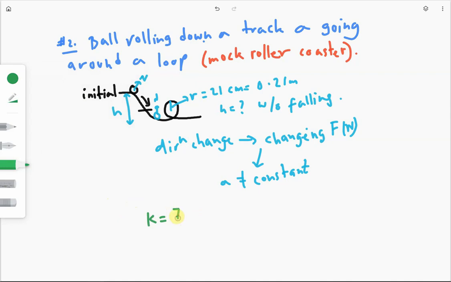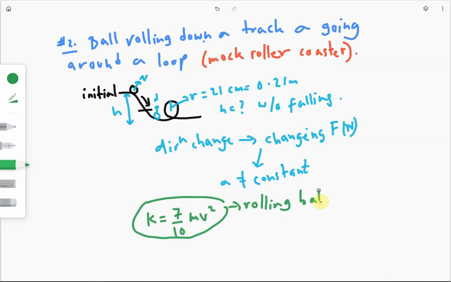But for now, just for this example, know that the kinetic energy of a rolling ball is, if I can get it right, 7 over 10 times the mass of the ball times the speed squared. This is the kinetic energy that we use for a rolling ball. For this example only, we are taking a detour from 1/2 mv squared. Now let's get down to applying the work energy theorem.